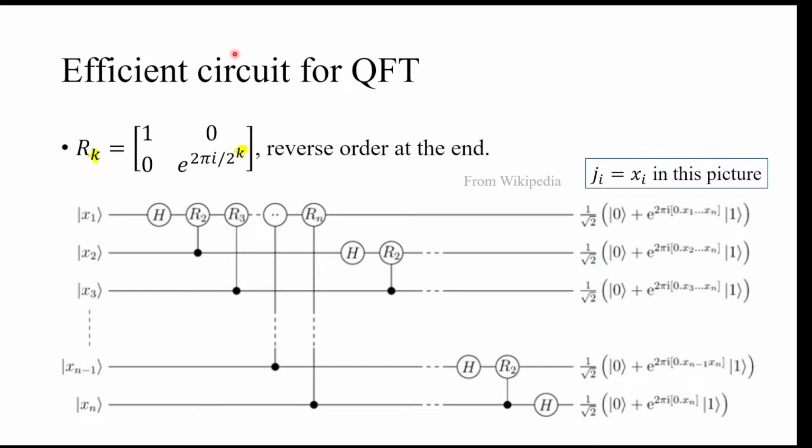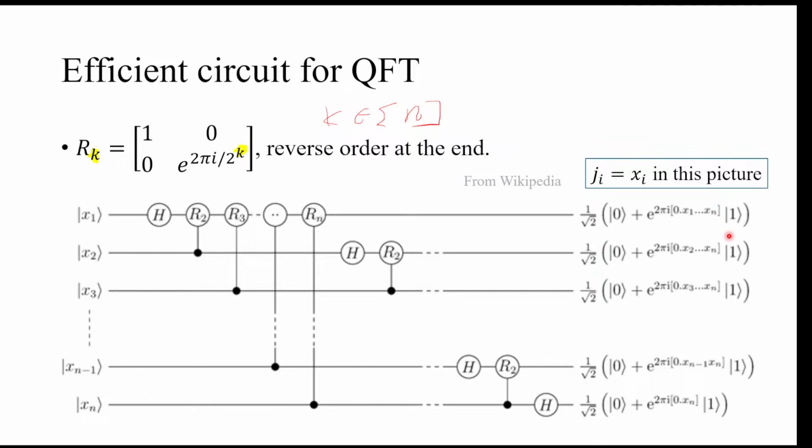And once again, k is in this 1 to n range. So basically those R_k will rotate those small fractional phases up here.